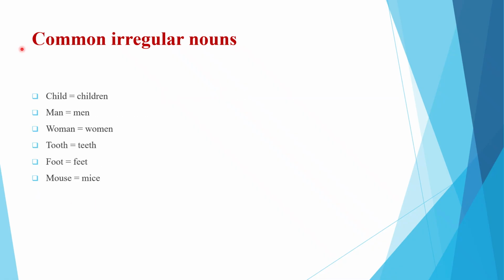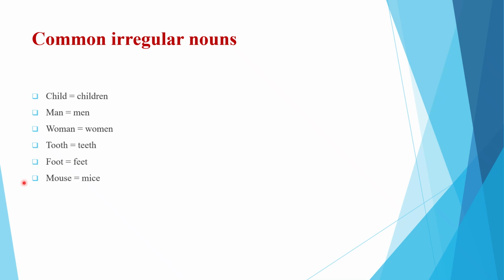So looking at some of the common irregular nouns, like from my examples here, child changing to children, man changing to men, woman changing to women, tooth changing to teeth, foot changing to feet, mouse changing to mice.